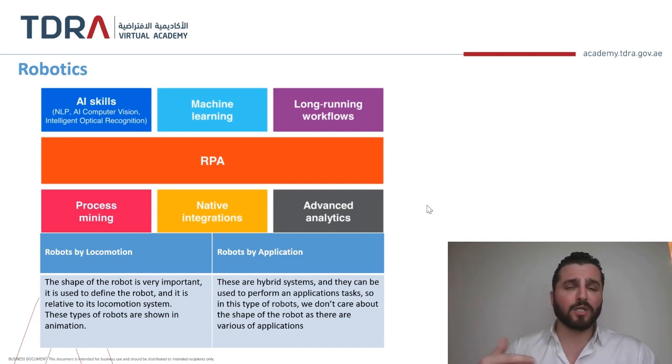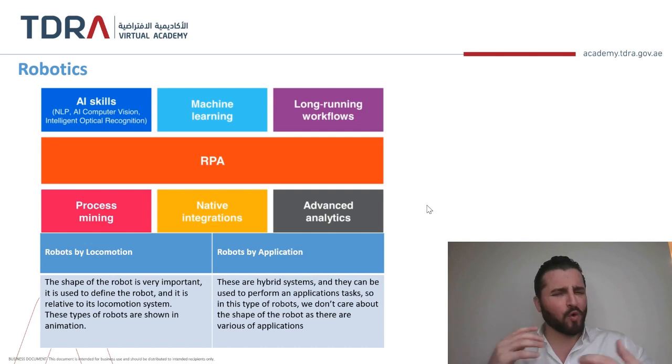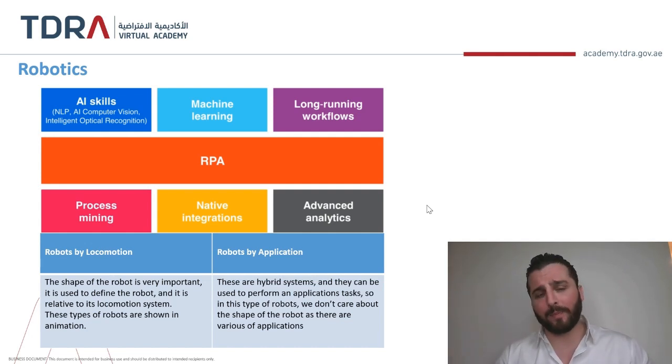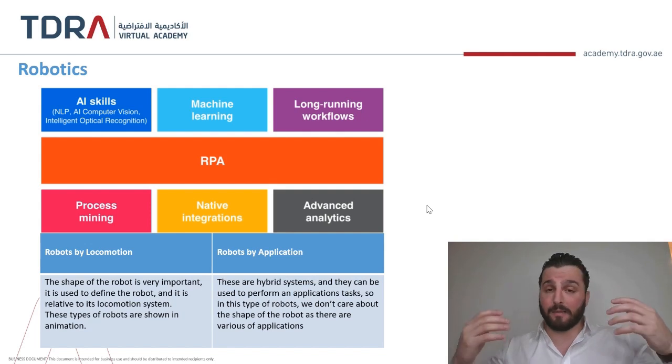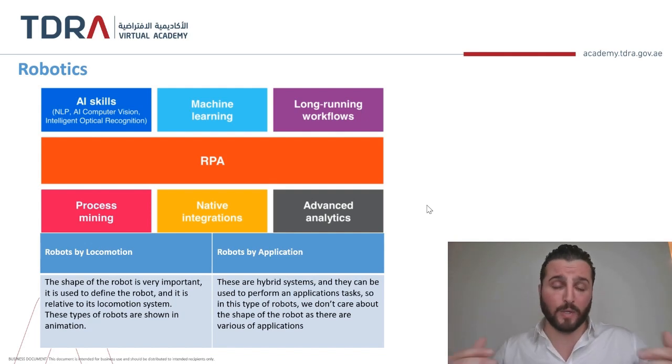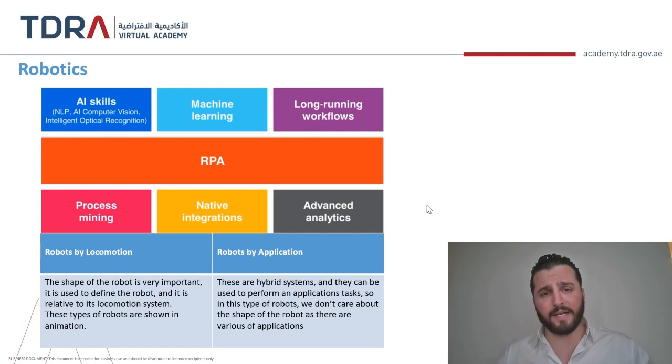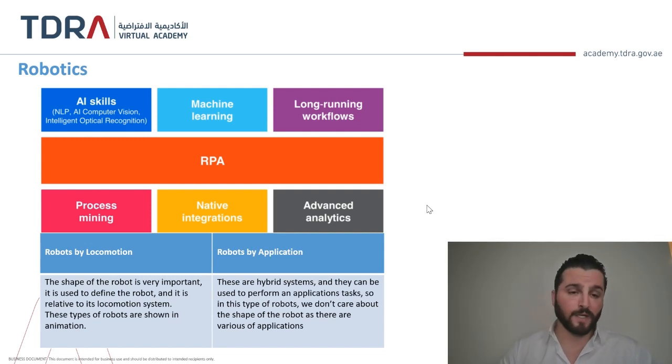Long running workflows: when we have integration with more than one entity, for example, and we still need to build the RPA between these two entities, putting into consideration that they have different maturity levels in terms of AI and future management tools, we're going to use the RPA with long running workflows.